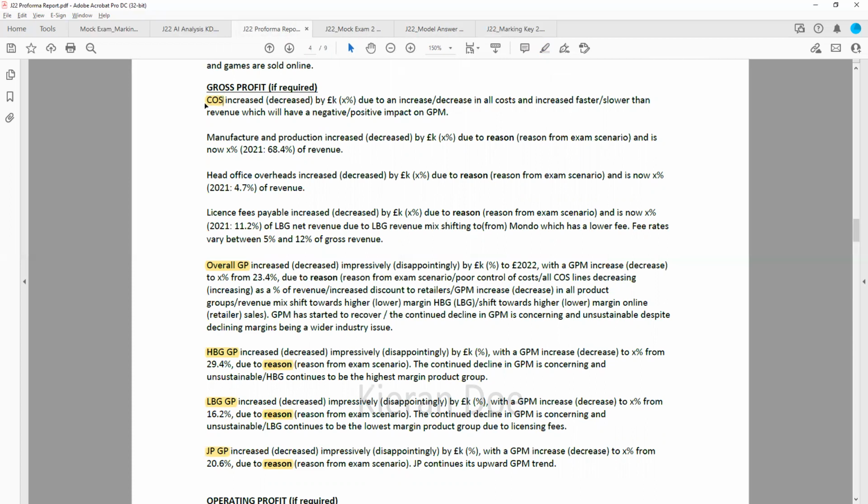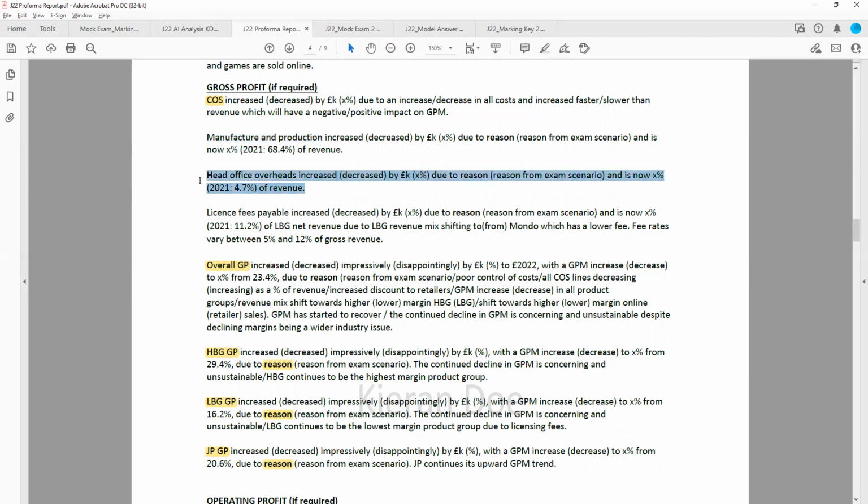So you need the main headline number there. I'd probably focus on cost of sales, overall GP, and then each GP by product in this case, because there wasn't a particular reason here, unless you mentioned PZ, but that could be a reason why cost of sales went down, but not as a percentage of revenue. So that didn't really help too much there.